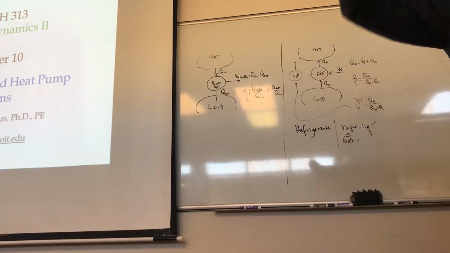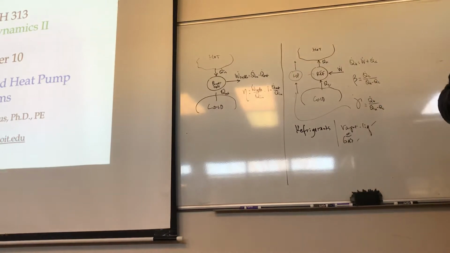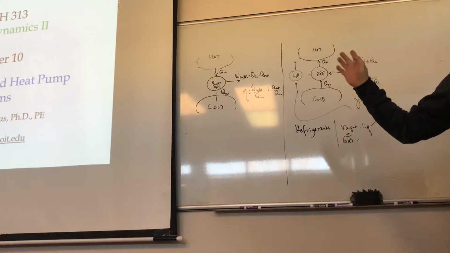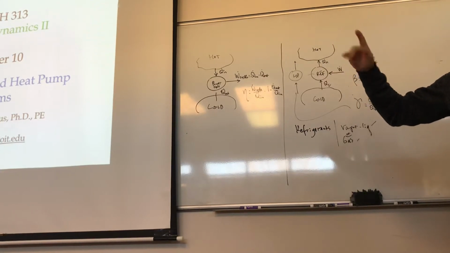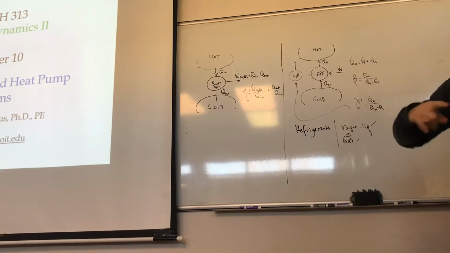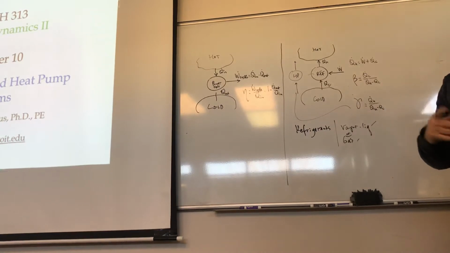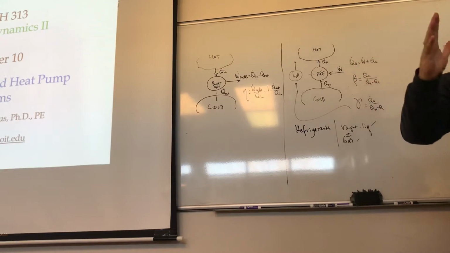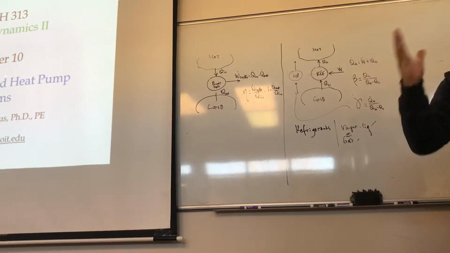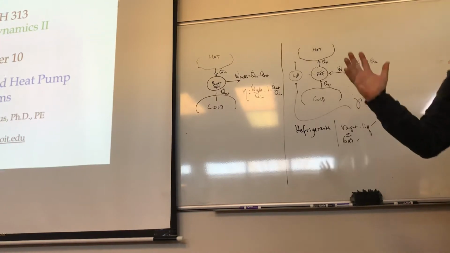That means there is a dome, right? There is a phase change. Just like when we did for power, right? The first chapter that we did was chapter 8, in which we talked about the Rankine cycle, which is a vapor power cycle. And power cycles tend to convert heat to work. That's the main idea, converting heat to work, right?